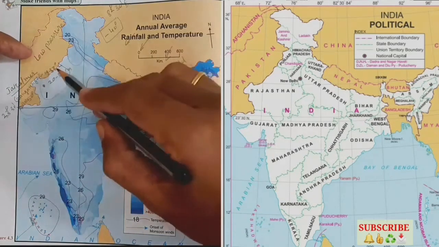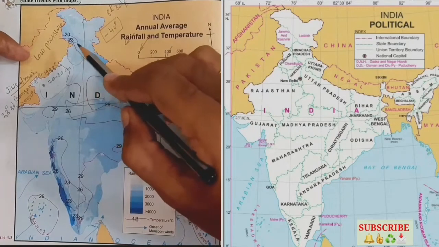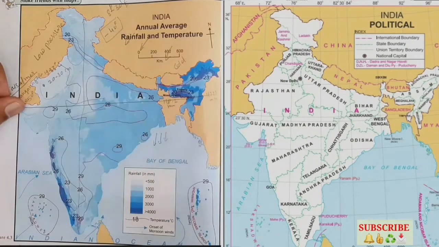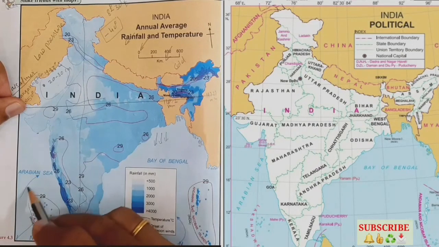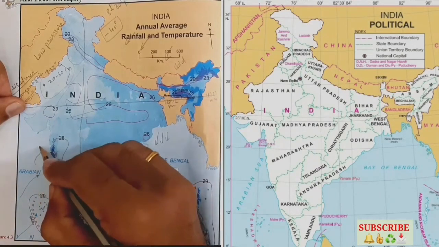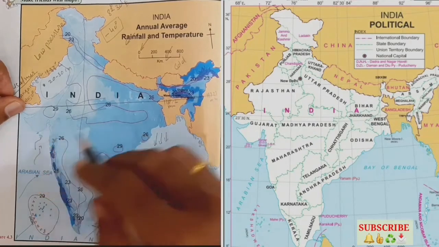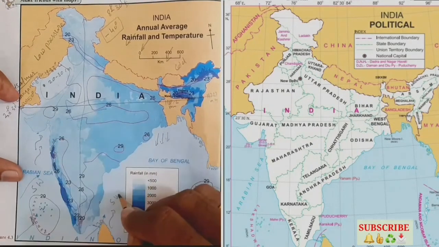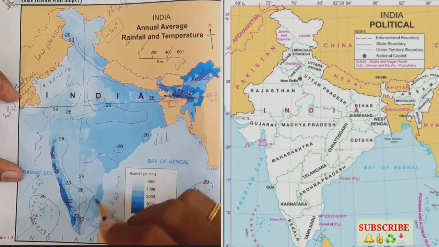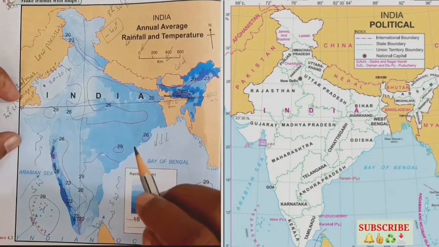So this is the low pressure area, and a high pressure area is formed in the Indian Ocean. So from here the winds blow, these blue lines you can see, towards the northern part of India. These are called southwest winds. Students, have you understood?